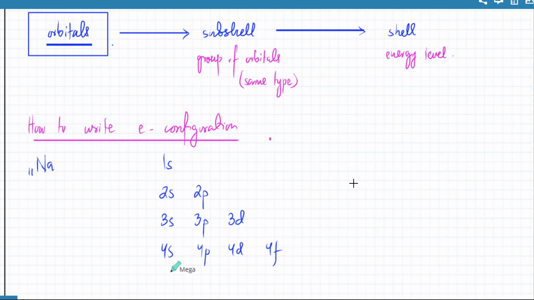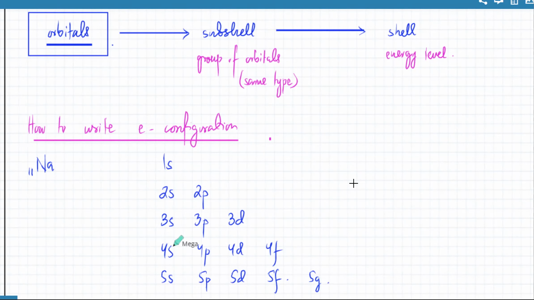अच्छा ये नीचे चलता रहेगा. This is going to be 5P. And so on. G भी आ जाता है लेकिन वो atoms के अंदर it's never going to come, ठीक है.